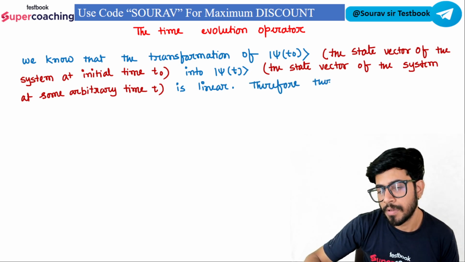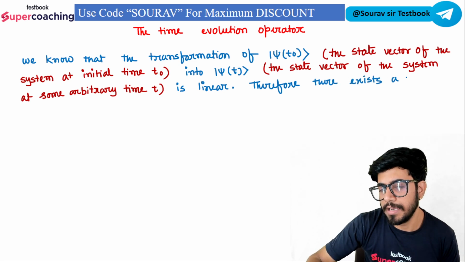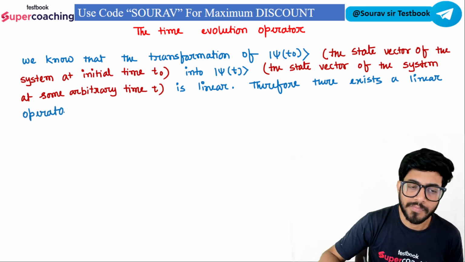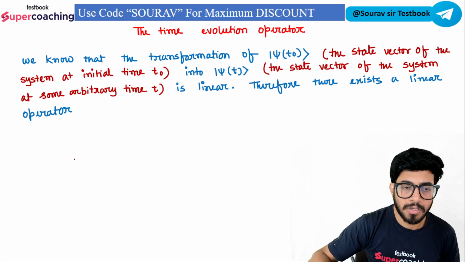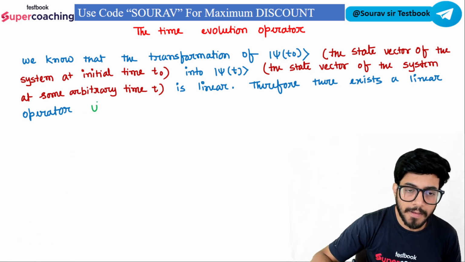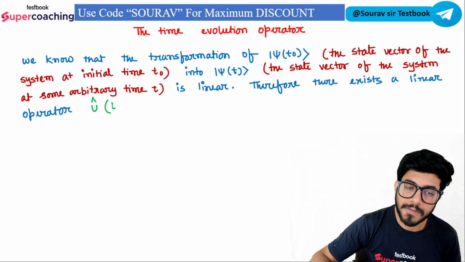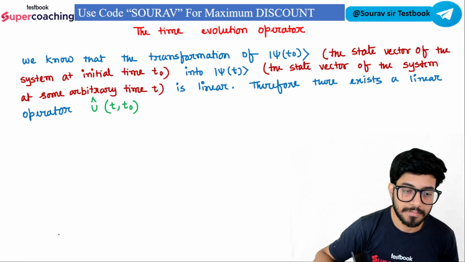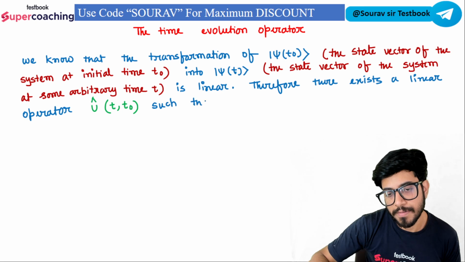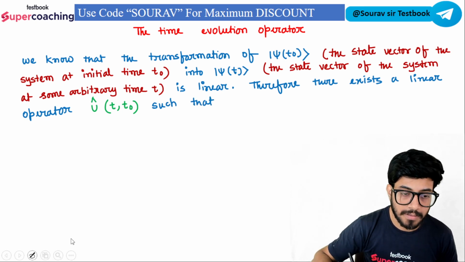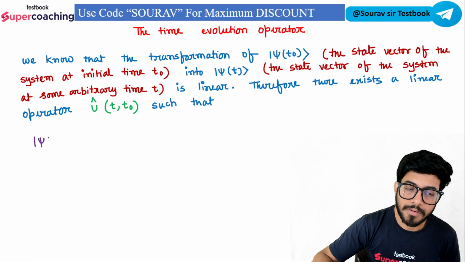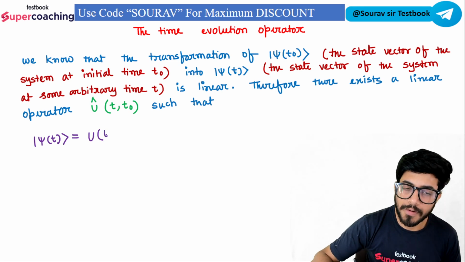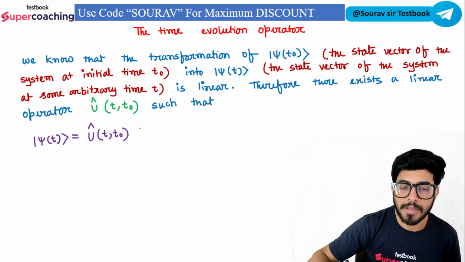u cap of t comma t0 such that, it's a very important thing, psi of t is actually equal to u of t comma t0 psi of t0.